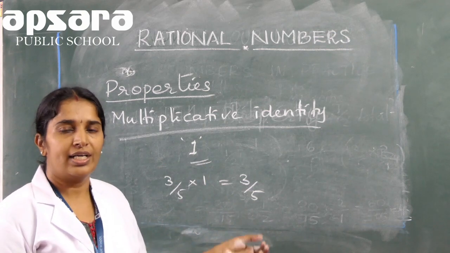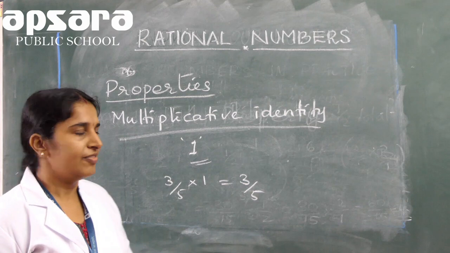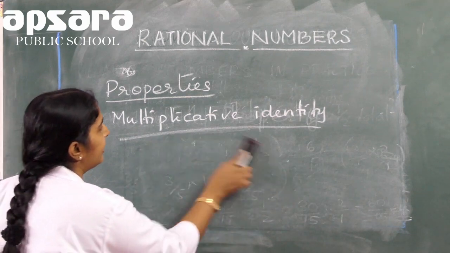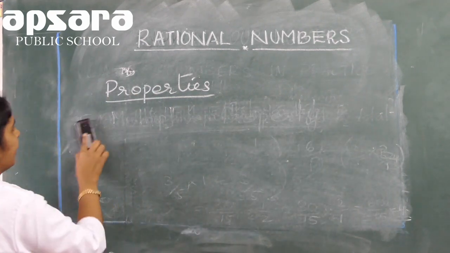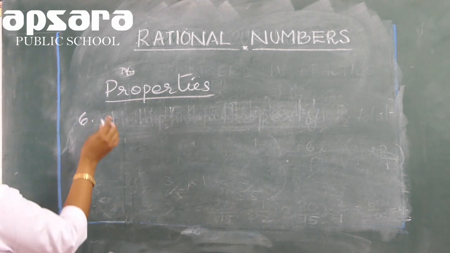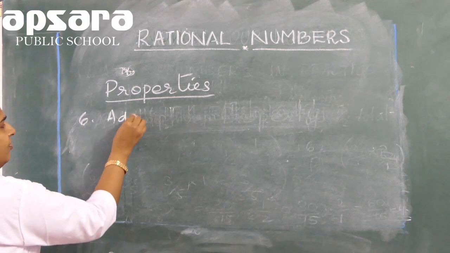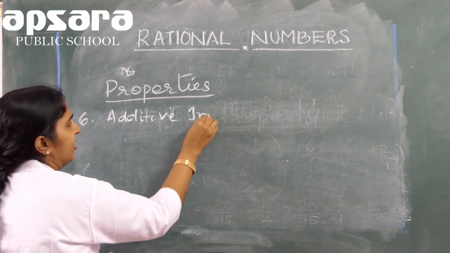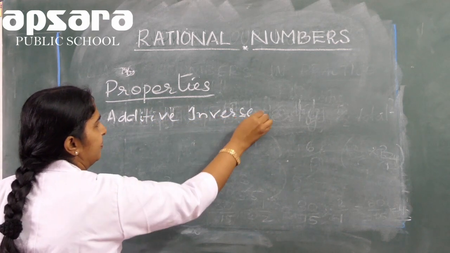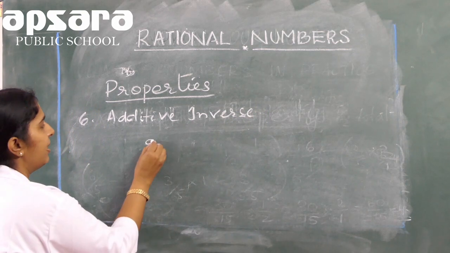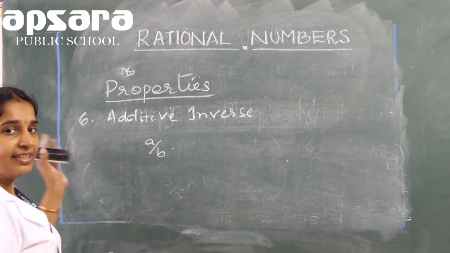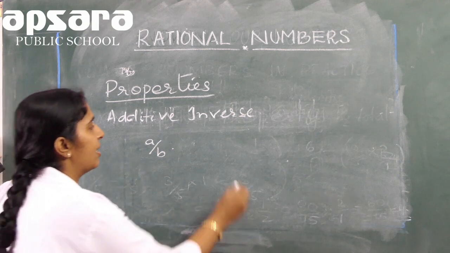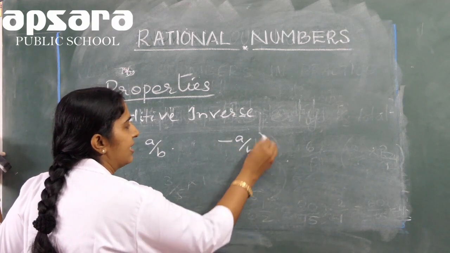Okay. The next one is additive inverse of a rational number. If a by b is a rational number, then its additive inverse is minus a by b.